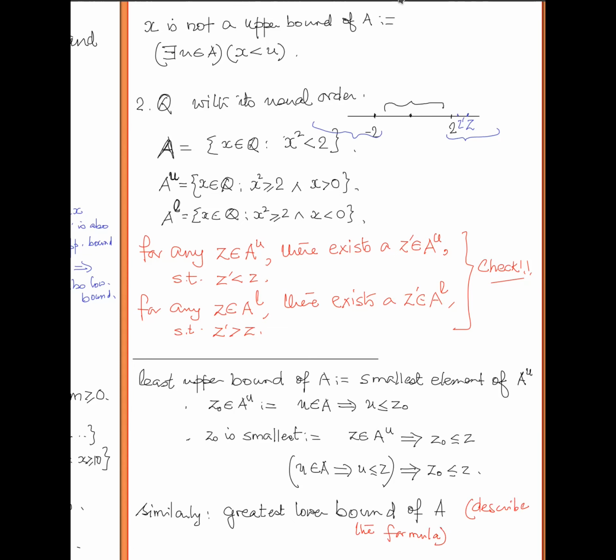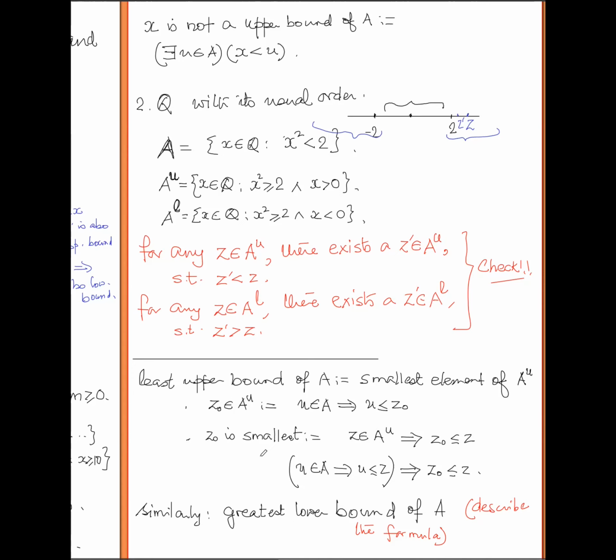Now for some notation. We know this may exist or this may not exist. If it exists, then you cannot have two such, because you cannot have two best things. If Z naught and Z naught prime were both the least upper bound, then both are members of AU. Z naught being the least says Z naught is less than or equal to Z naught prime.